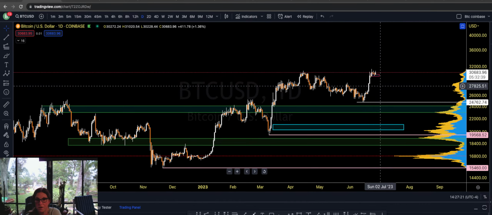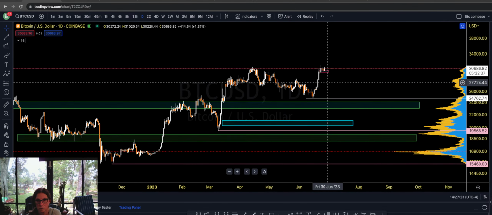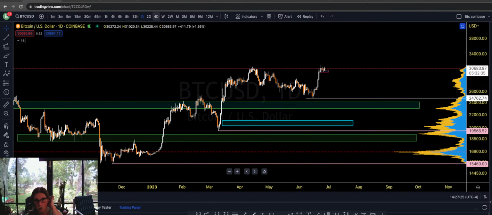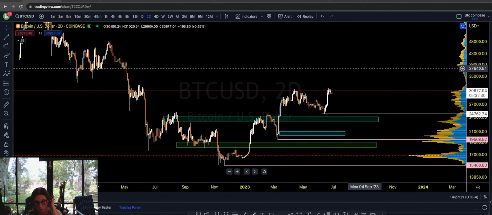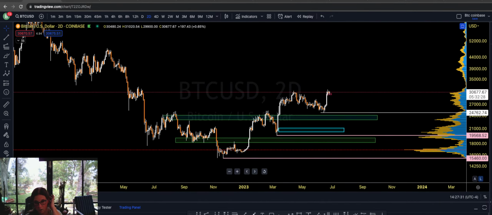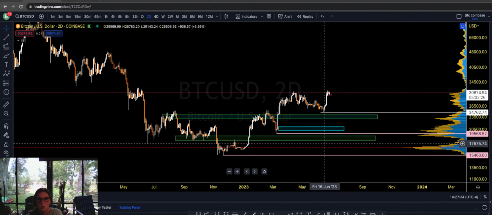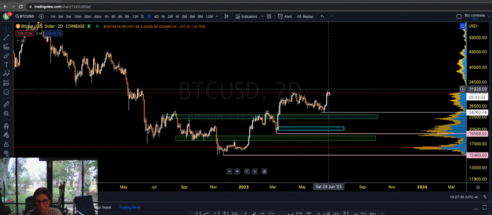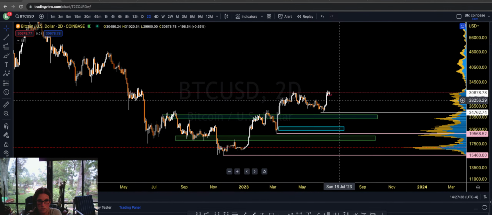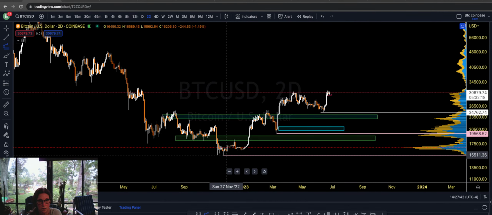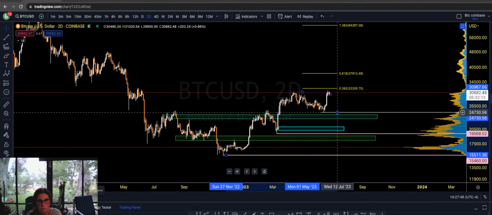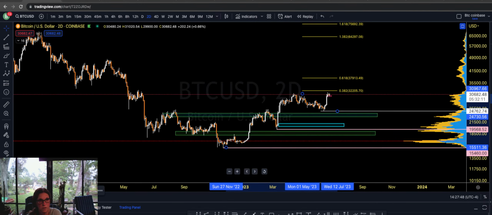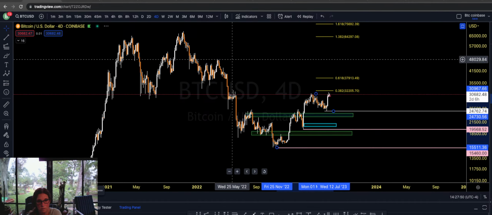So I think there's a very good chance that it's going higher. We can kind of do some projections here of how high it could go. So say that this is the start of something, and let's just project as if this was a zigzag. We could definitely take the all-time high.